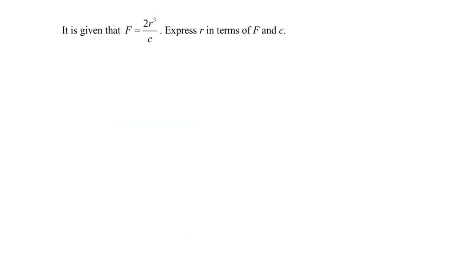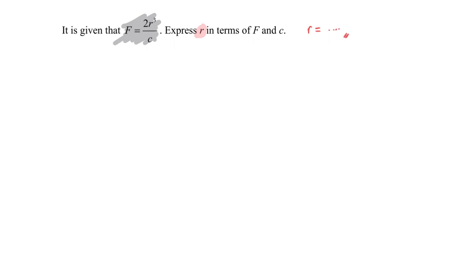Hello everyone, welcome to this part of the video where we are given that f equals 2r cubed over c, and the question requires us to express r in terms of f and c, meaning that they would like us to write the final answer as r equals something.